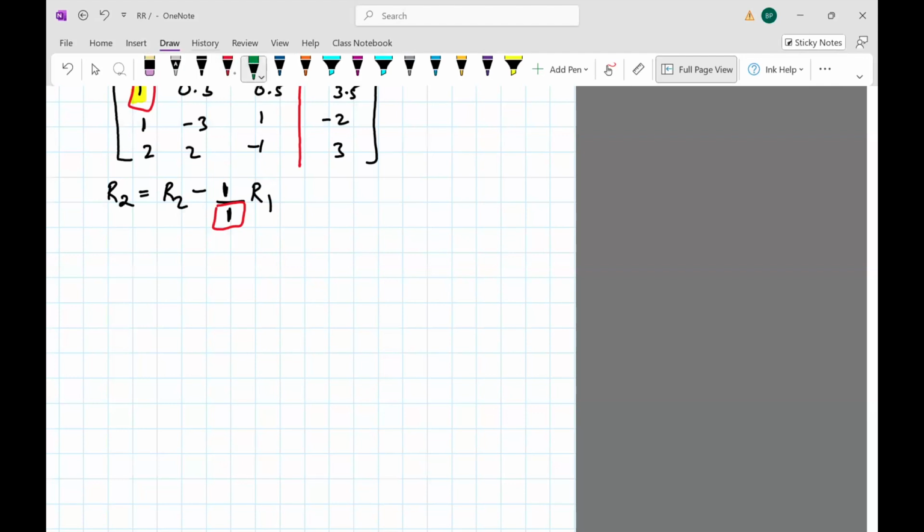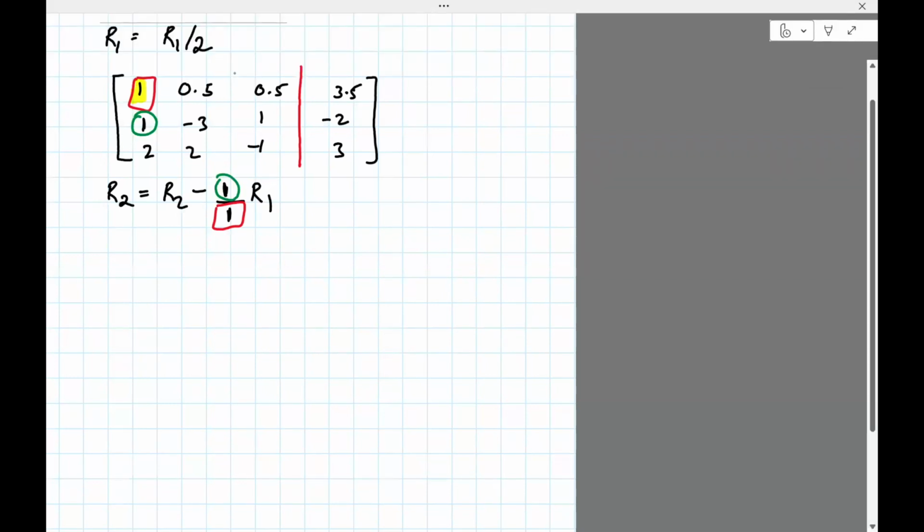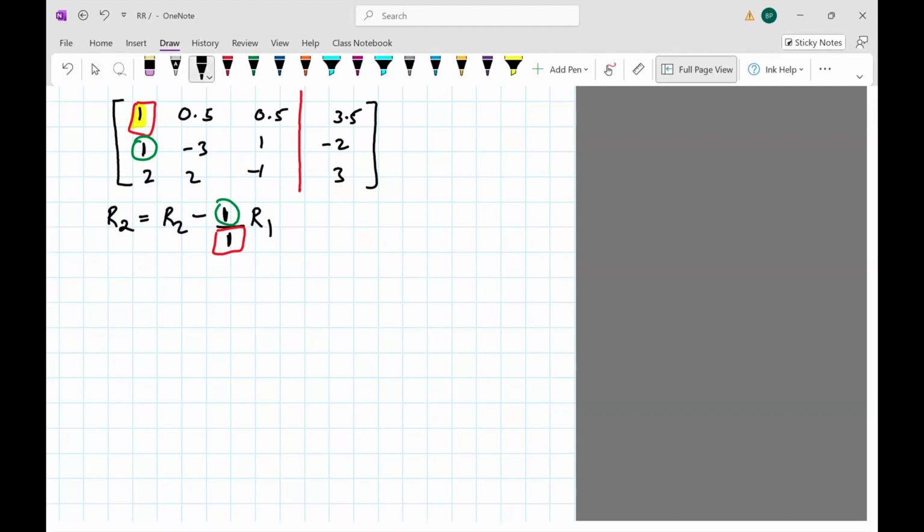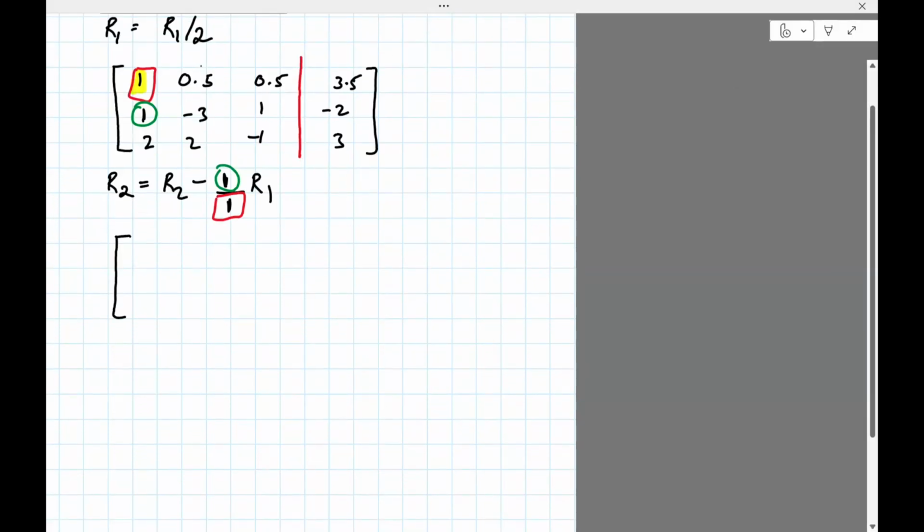And then this 1 will go here. So it's row 2 minus row 1. The first row is unaffected. The second row, we just do 2 minus 1. So 1 minus 1 is 0. Minus 3 minus 0.5 will be minus 3.5. 1 minus 0.5 will be 0.5. Minus 2 minus 3.5 will be minus 5.5.